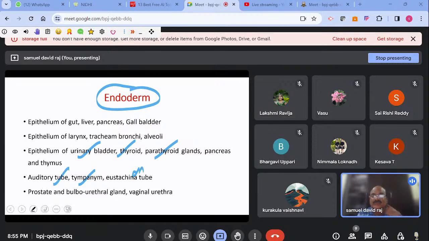The eustachian tube is the one which connects the pharynx with the middle ear, and the prostate and bulbourethral glands of the male reproductive system, and the vaginal urethra of the female reproductive system. So these are the main things; this is actually the fate of the cells of the endoderm. Okay, and primarily speaking, the alimentary canal.